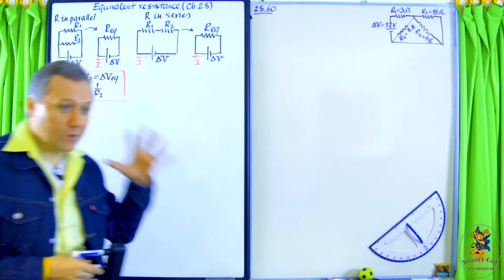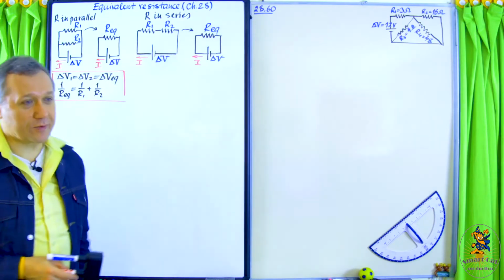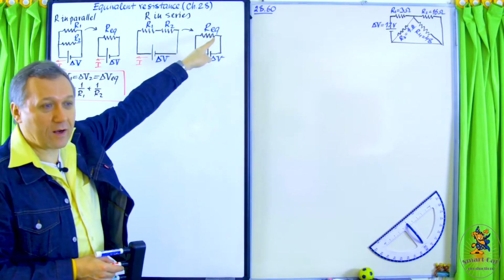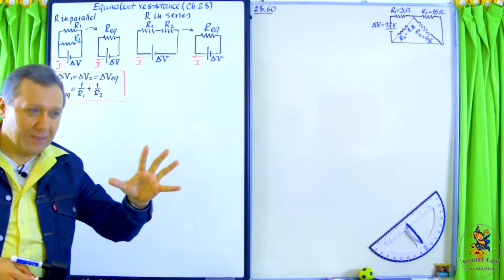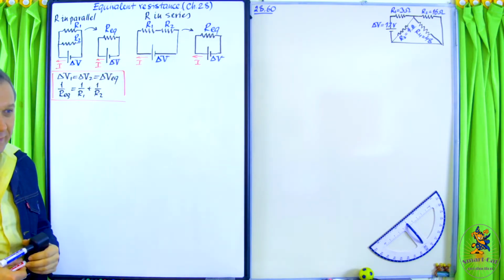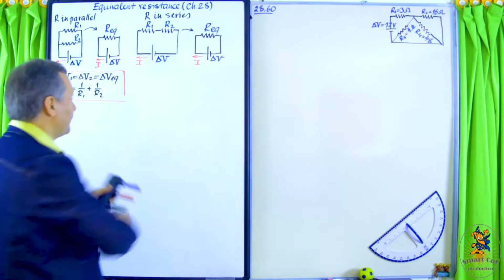In this case, which quantity links the equivalent and these two resistors? In this case, current. Current through the equivalent resistor equals the currents through the resistors connected in series. So here we had potential differences, now currents.